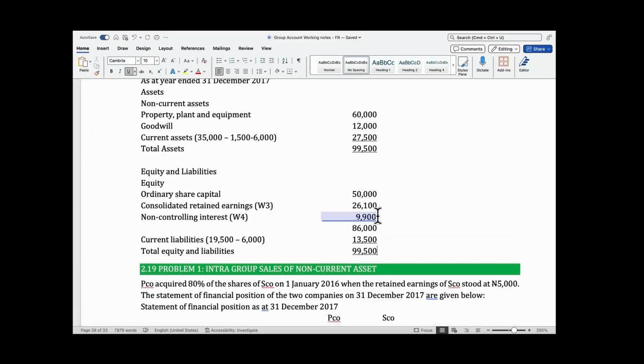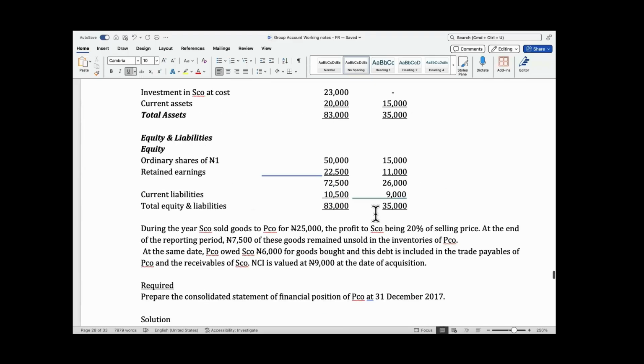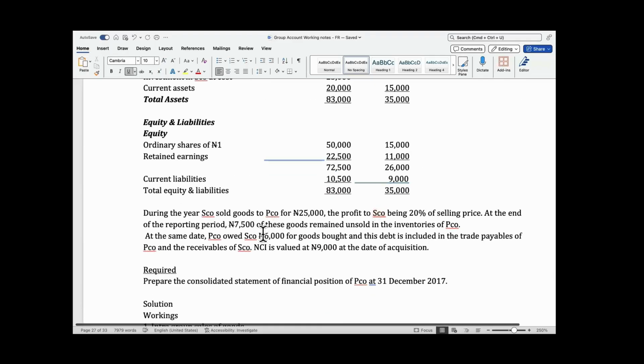So, sir, what I understood is that if there is unrealized profit, we'll first remove it from the post-acquisition profit before we share the balance. But if there are goods remaining, we'll remove it from current liabilities and current assets. Am I on track, sir? Not very well. This 6,000 is not the goods remaining.